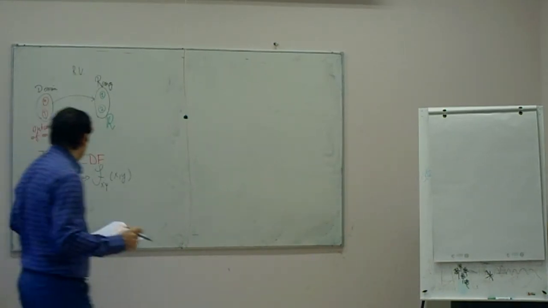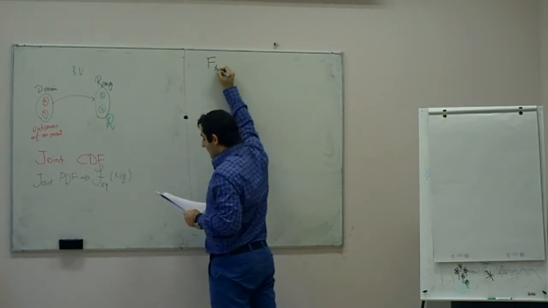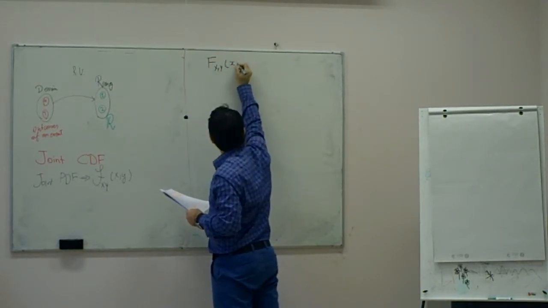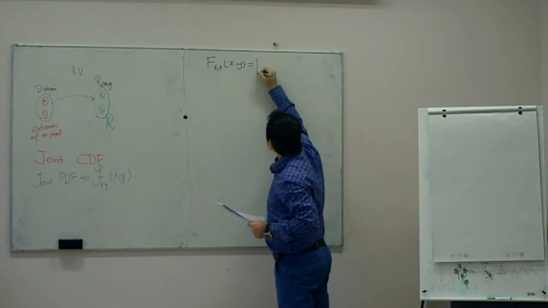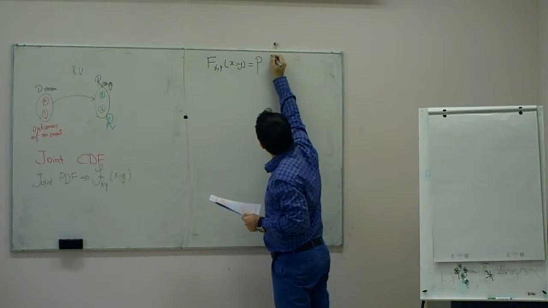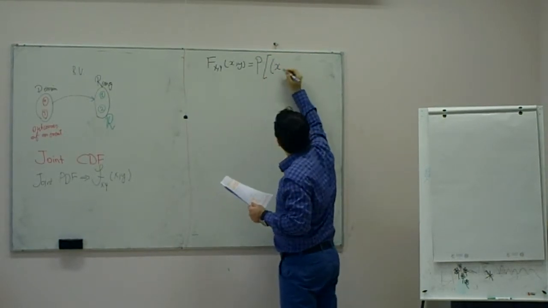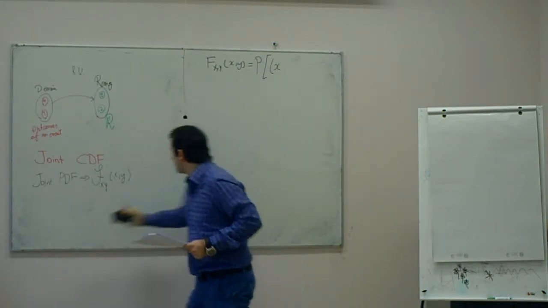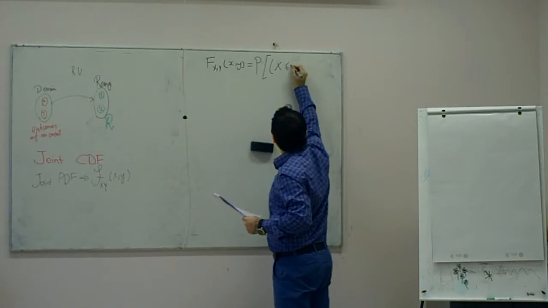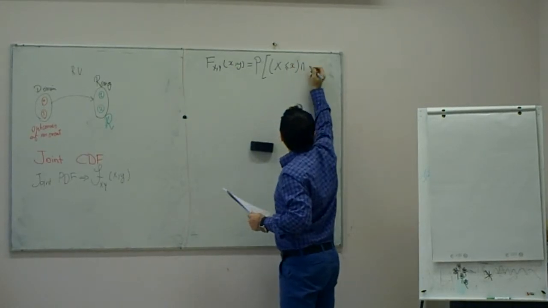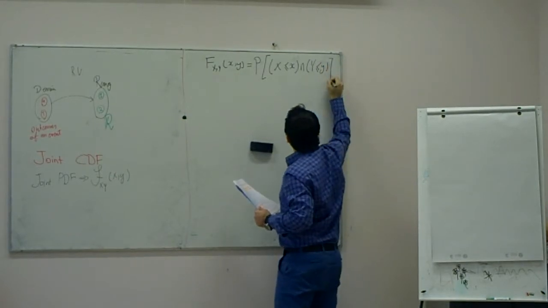Mathematically, we are writing it in this form. F of x and y is the probability of, let's put this as the random variable, capital X, less than or equal to x, intersected with capital Y less than or equal to y.